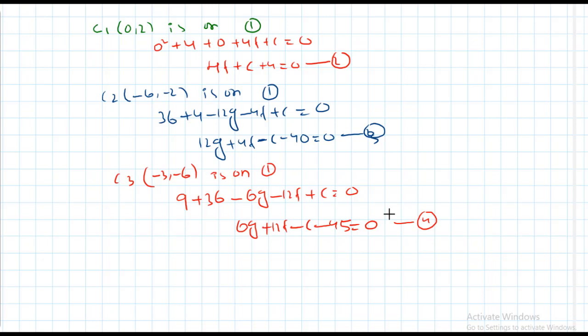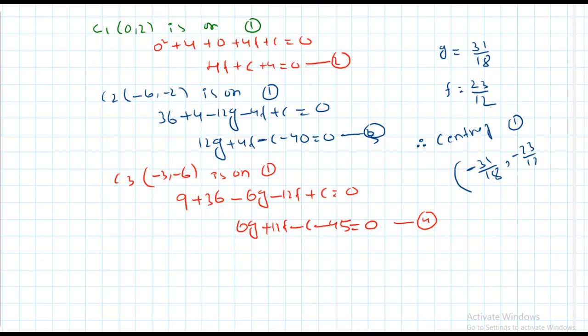After solving these, we get g value as 31 by 18, f as 23 by 12. Therefore the center of 1 is minus g, minus f, that is minus 31 by 18 comma minus 23 by 12.